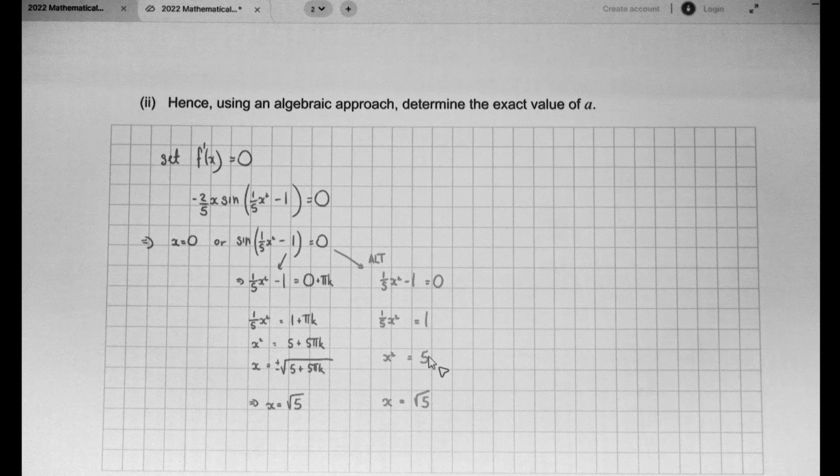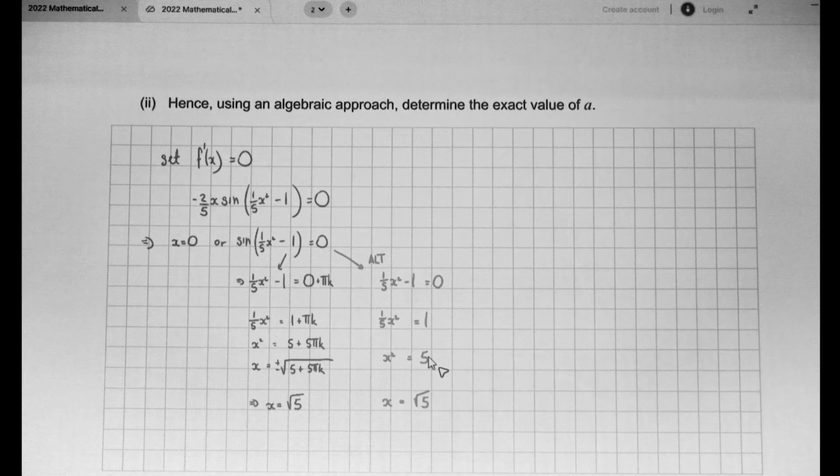All right, so we wanted to set the derivative to 0. Now, we don't want them to just be putting what's on their sheet, f dash of x equals 0. Well, that's fine, but really, you've got to show you understand what that means in this question, which would be minus 2/5 x, whatever their derivative was from over the page, set equal to 0. Okay, so we've shown some good understanding there. Then we want to show, do I know what the solutions are?